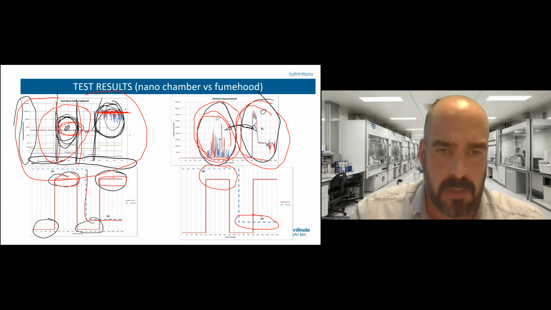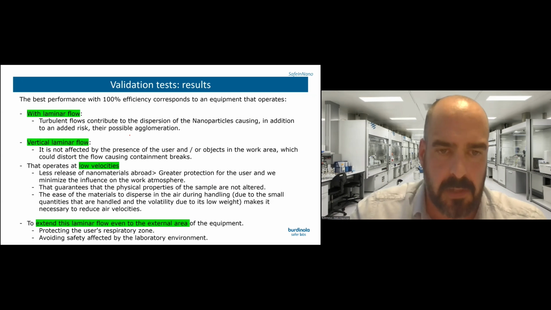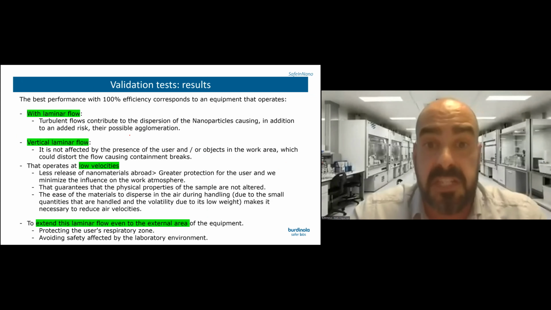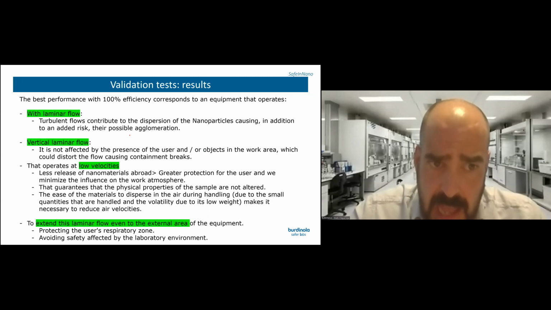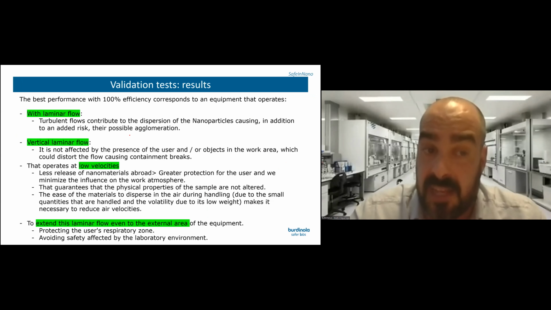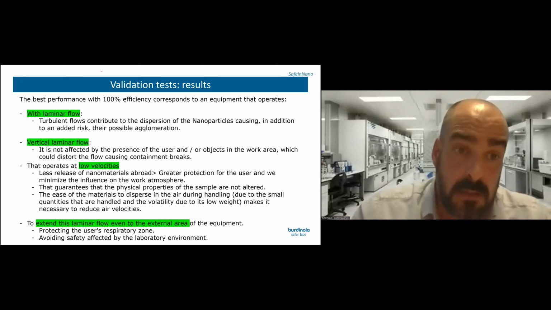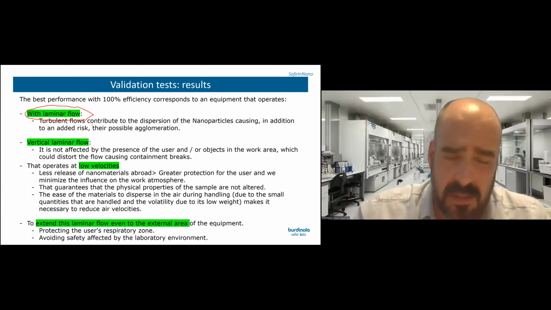And a summary. What we consider the best performance to obtain 100% efficiency, and the features that are quite important for equipment to meet. First one, the laminar flow. The laminar flow is quite important to avoid any turbulent flow.